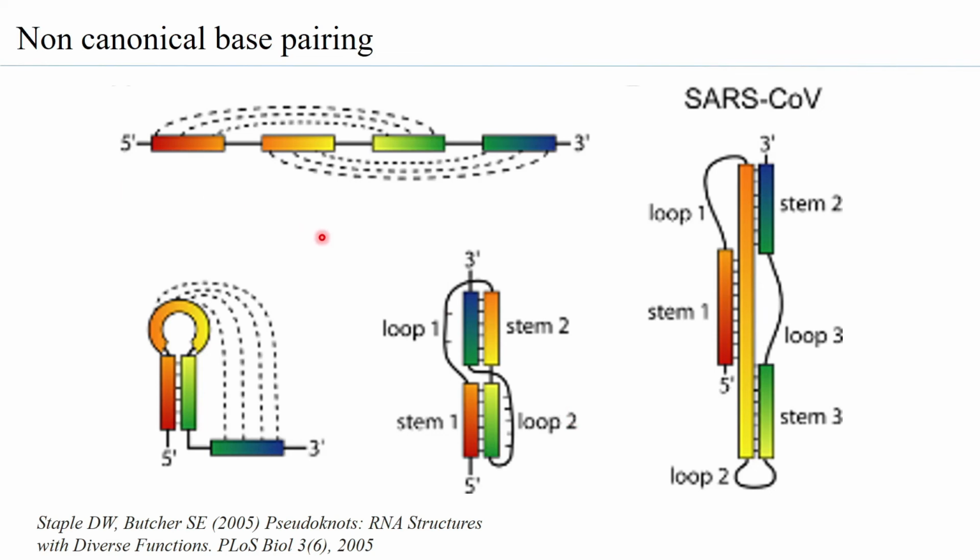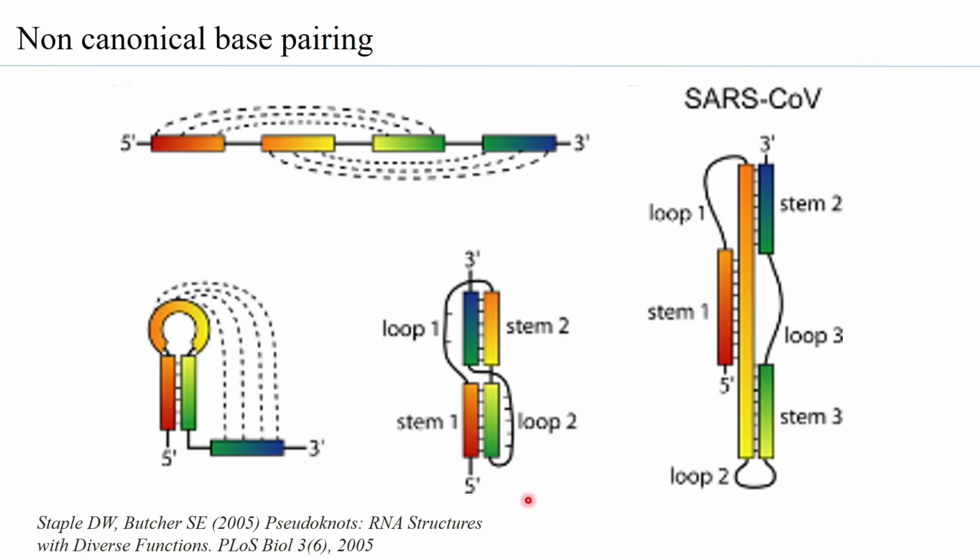This is one example of how pseudoknots are formed. Pseudoknots are typical structures present in many RNA viruses. Also notable is that many pseudoknots have catalytic activity. For example, many ribozymes have these pseudoknots, and these act or have the catalytic activity.